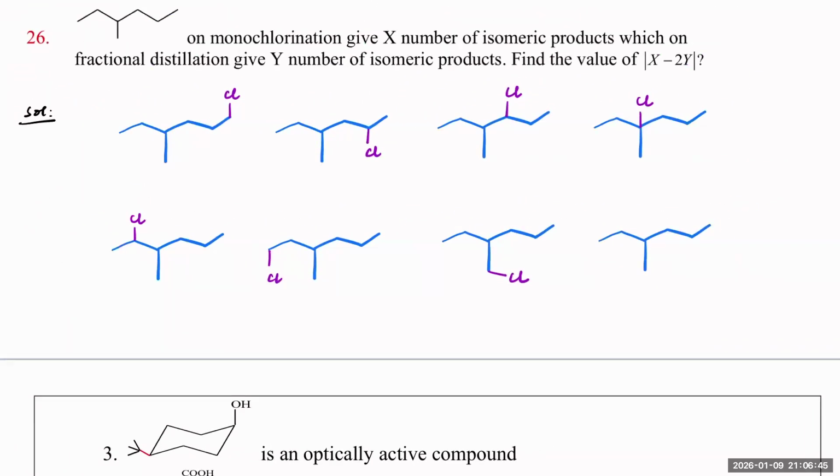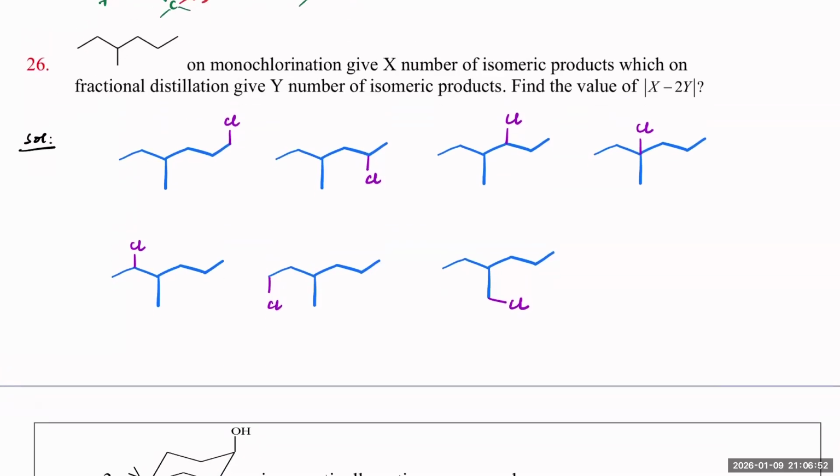Structurally, I have covered all the positions, if you may notice. Clear? So you can see 1, 2, 3, 4, 5, 6, and then we have this methyl group. Structurally, these are all the ones which are covered.